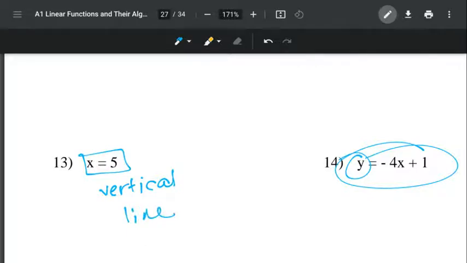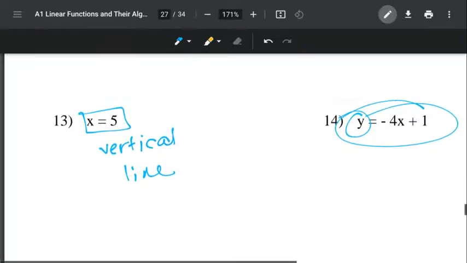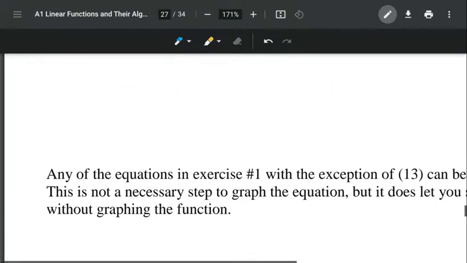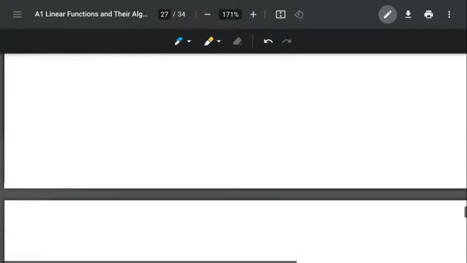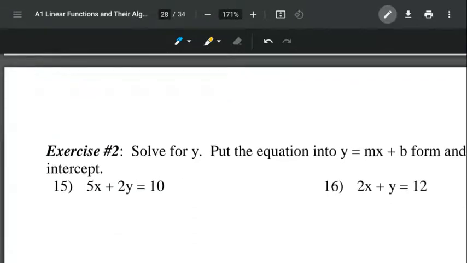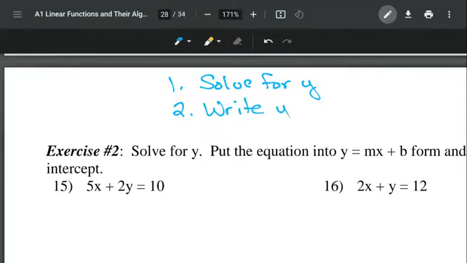Now, I want you to go to page 28. So for page 28, you're going to solve for y, and then write in y equals mx plus b form.